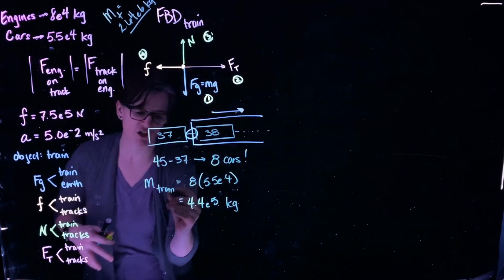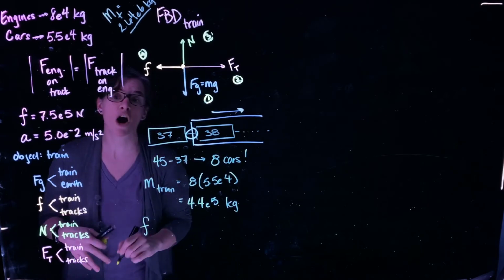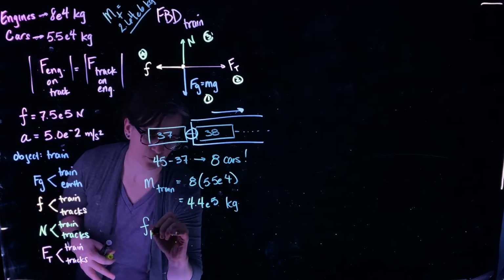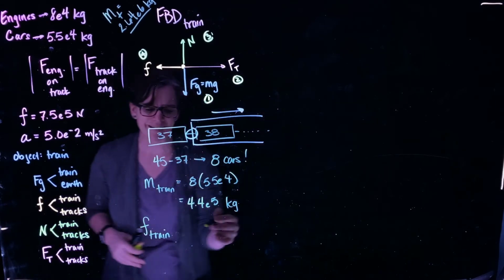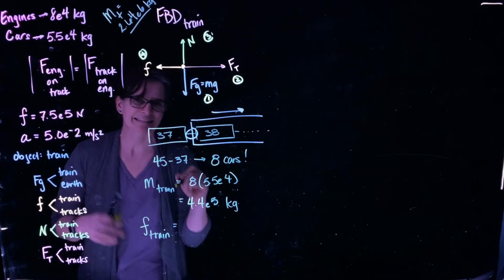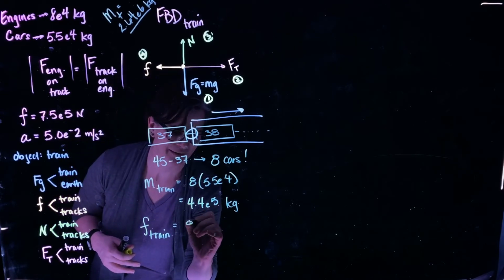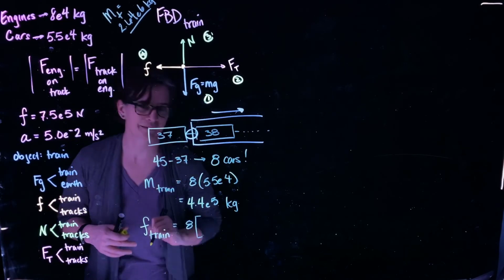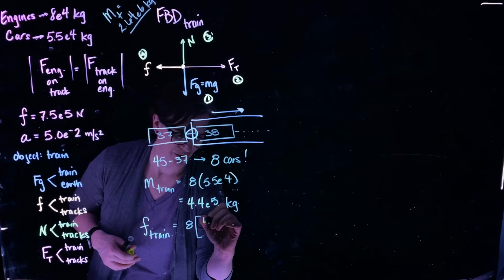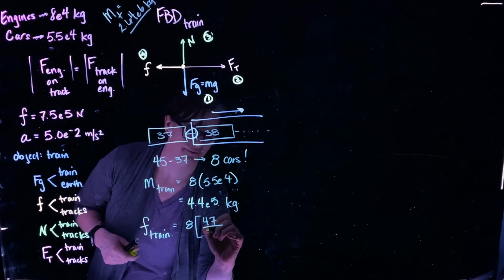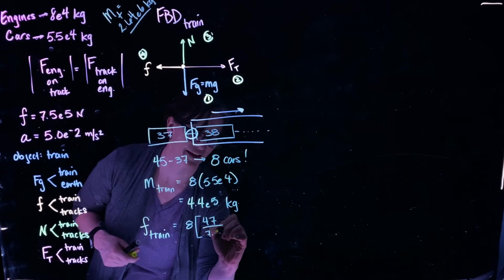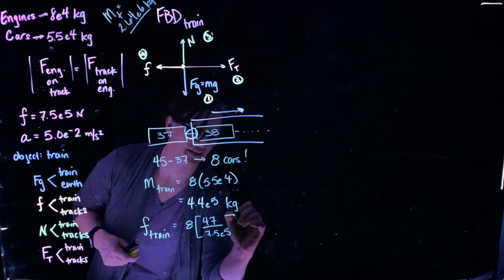So the friction on the train portion that we're interested in, so this is our new train, is going to be 8 cars times the contribution of the friction, which is 7.5 times 10 to the fifth.